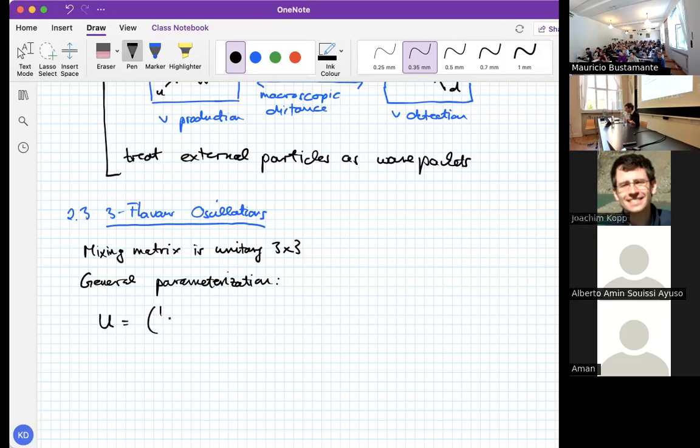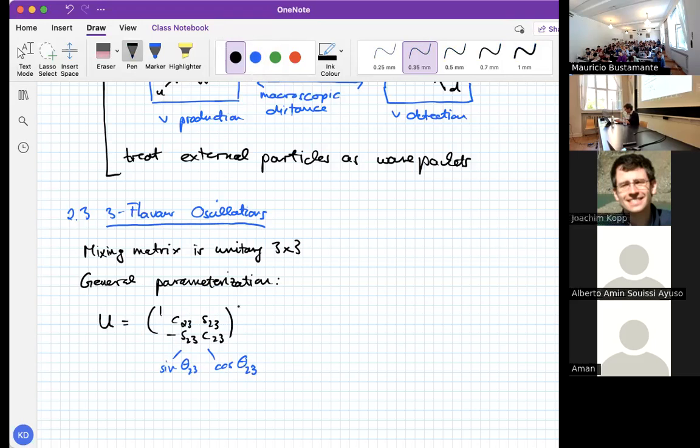it's written as a product of 3 2-dimensional rotation matrices, one in the 2-3 sector, and so what I call S23 and C23 here, well, that just means sine of a mixing angle which we call θ23 and cosine of that same mixing angle.